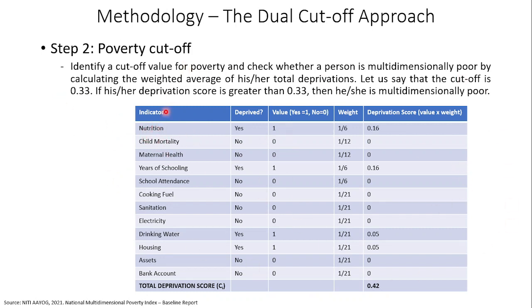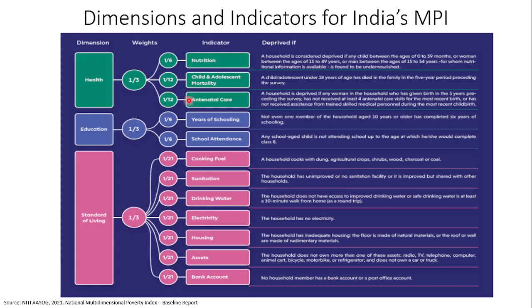You check whether that person has satisfactory nutrition. If he does not, that is, if he is deprived, then you set the value to 1, otherwise 0. Likewise you do this for all indicators, and then you have the weights. The weights are from here.